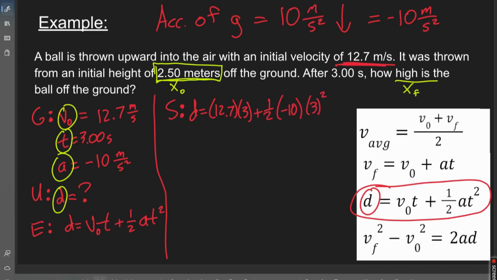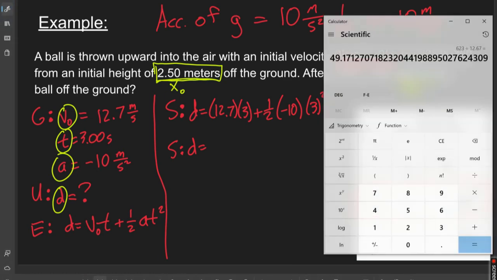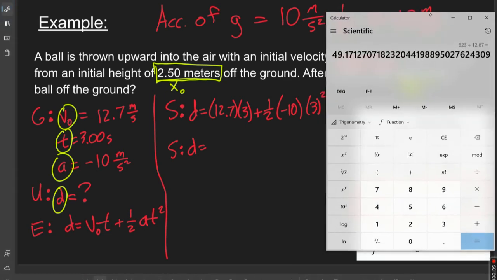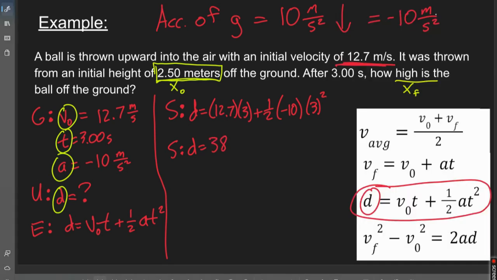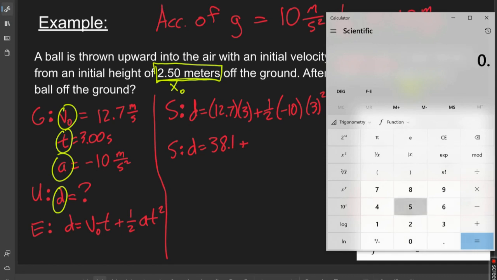All right. And then our last S, solve. So d equals, where'd my calculator go? There it is. Okay, so on our calculator, I'll clear that out. So 12.7 times 3. Okay, that gives me 38.1. 38.1, and then plus 1/2, so 0.5 times negative 10 times 3 squared. 3 squared is 9, negative 45.